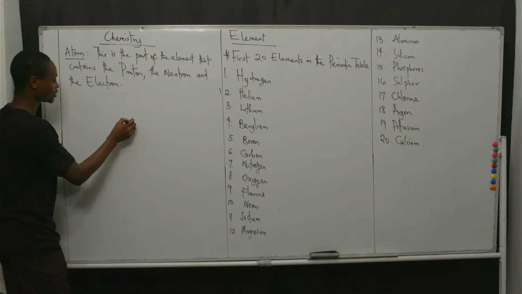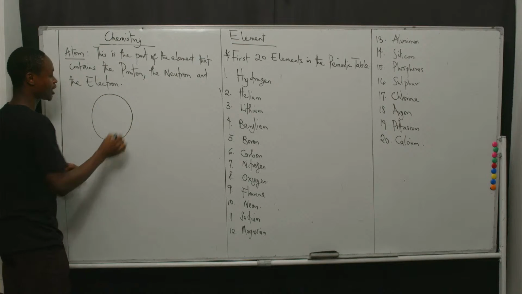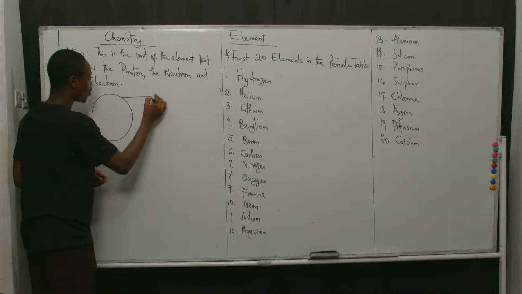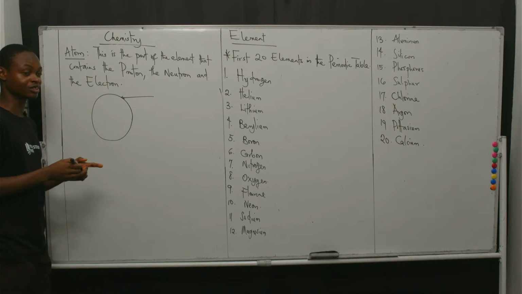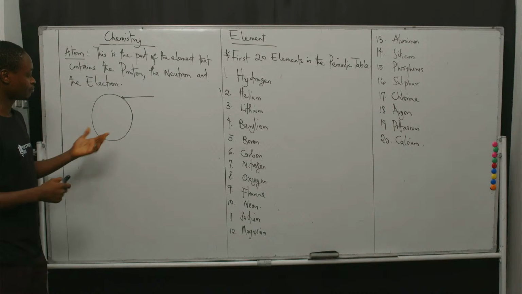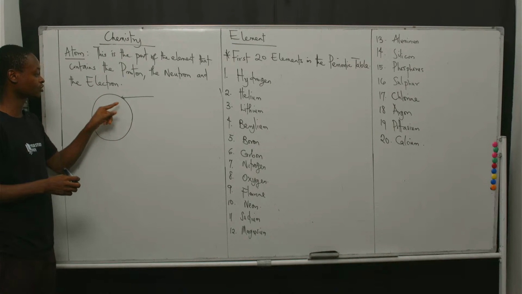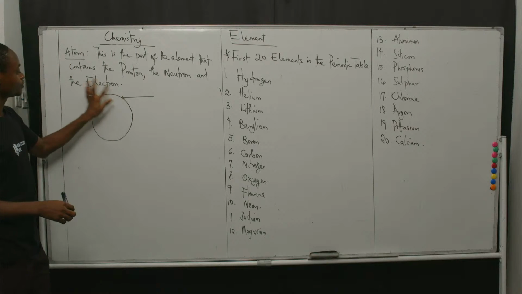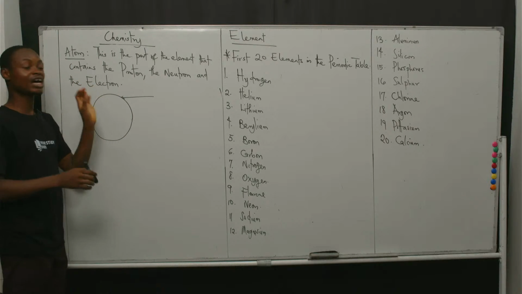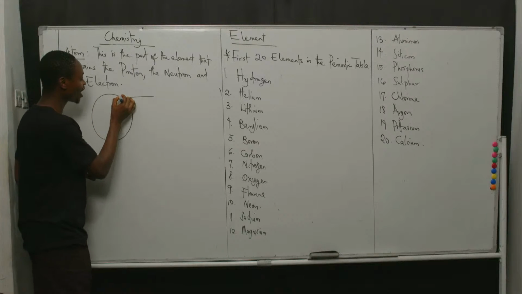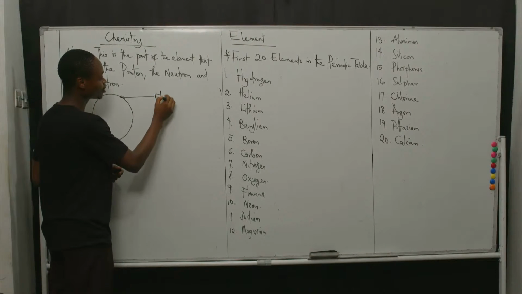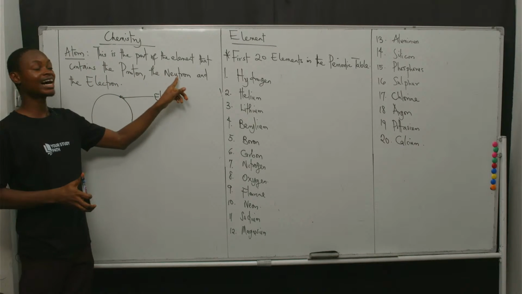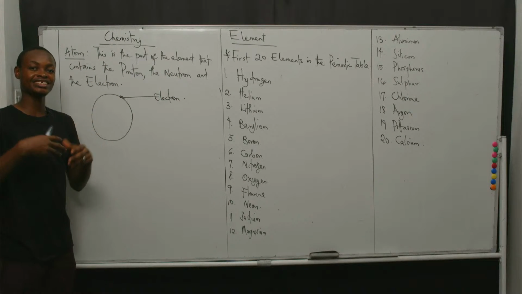So, if this is a diagram of our atom, for instance, we have the circumference. With good knowledge of mathematics, this looks like a circle. The circumference is simply the line around the circle. So on the circumference is where you would find the electron, whereas the proton and the neutron are found inside the atom.